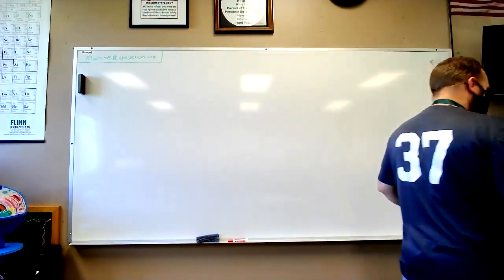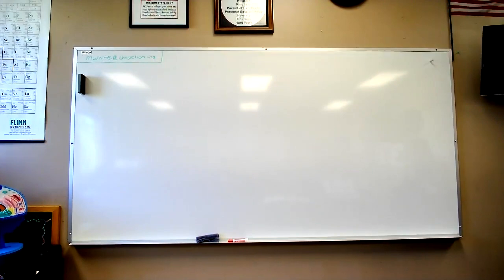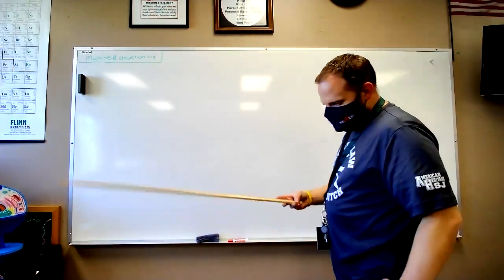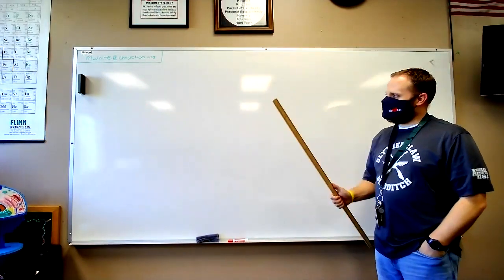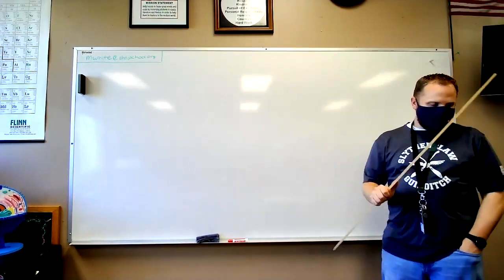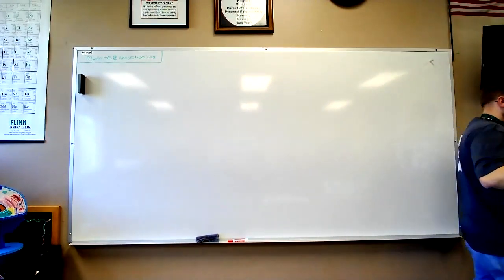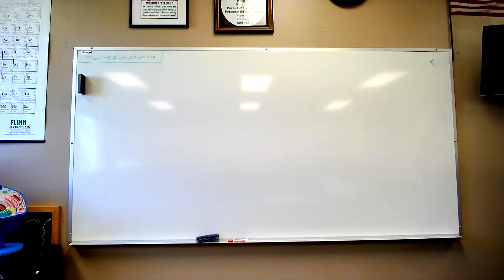So when we talk about how big an atom is, remember, this goes back to what we started with. What does an atom look like? Well, it's got the nucleus in the middle and then electrons all around the outside.